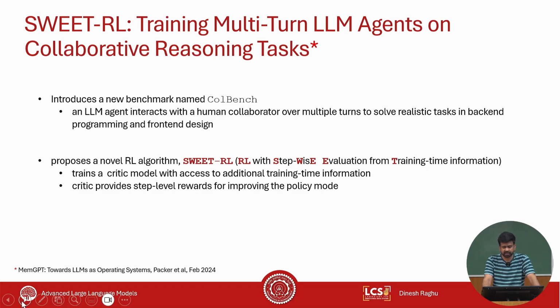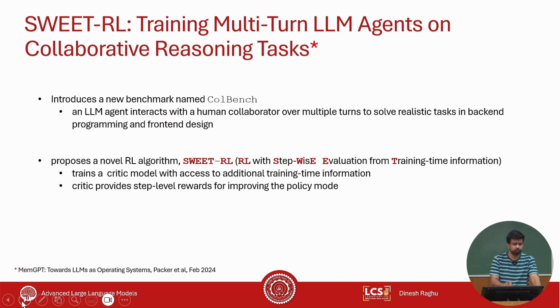called Sweet RL, which is RL with stepwise evaluation for training time information. The main difference here is that in addition to the positive and the negative trajectory, you also have some additional information that is available only during training. For example, in programming cases, you may have unit test cases, only for the training data, not for the test data. During inference you might not need unit tests, but you can use signals from additional information that is available to you during training.